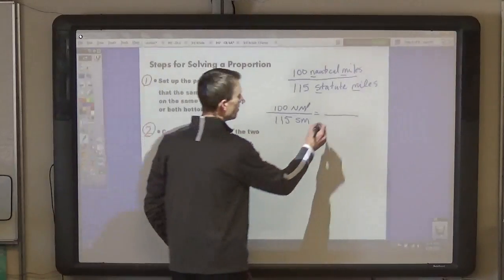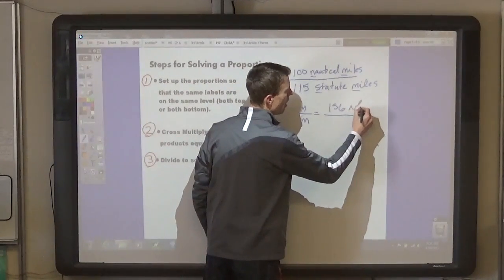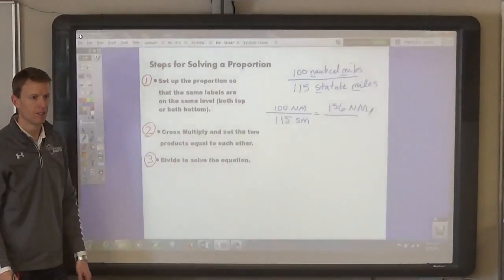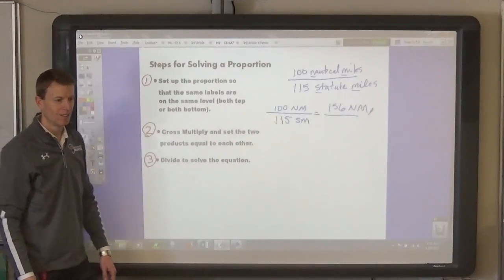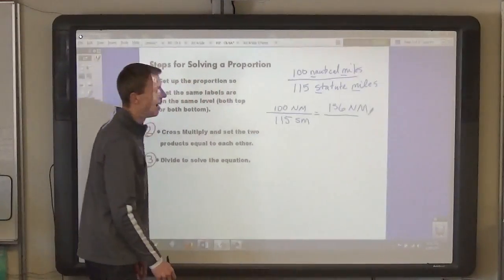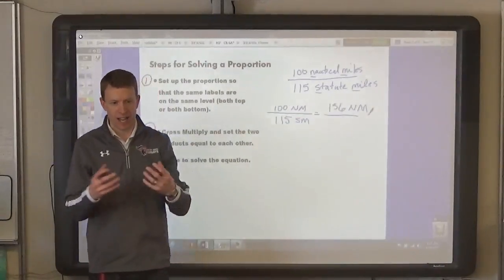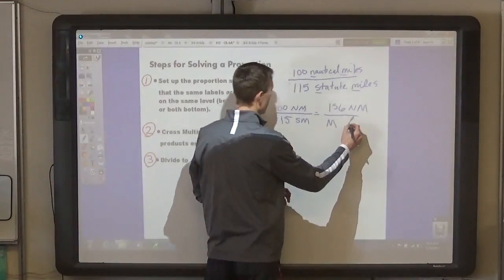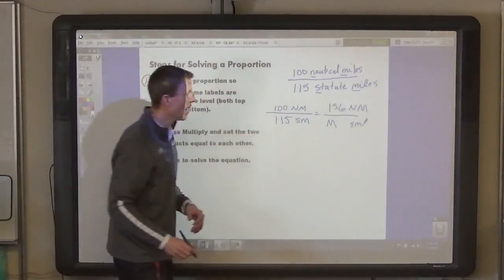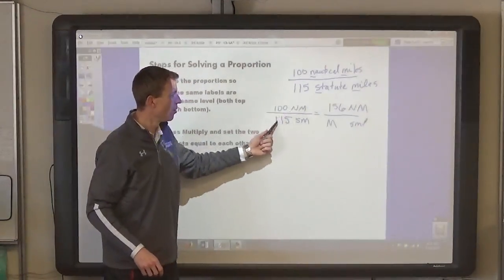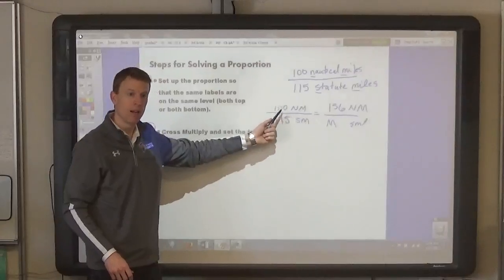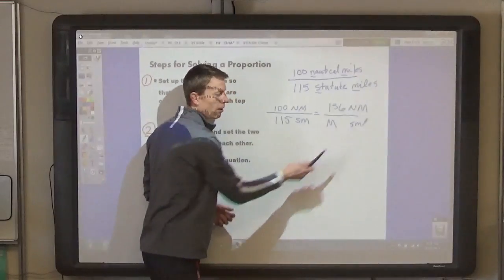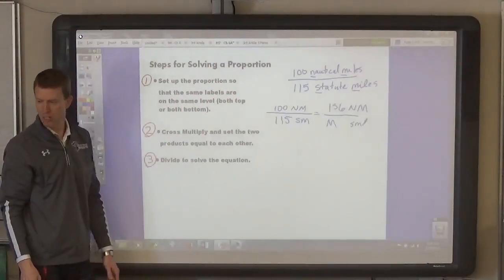On the top line, right. 156 nautical miles. So then what goes on the bottom line? We need to choose a letter, like M for miles. So we can use M, standard miles. And notice that whenever you set up a proportion using 3 numbers, if you label those numbers correctly and keep the same labels on the same level, you can solve this proportion.